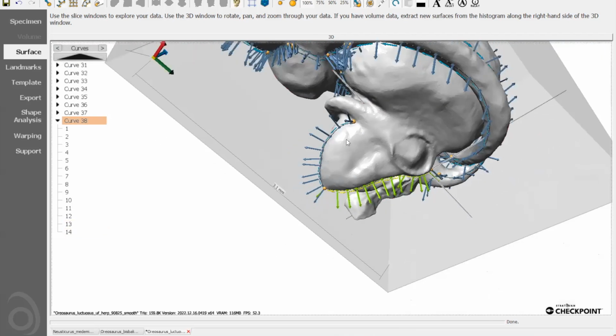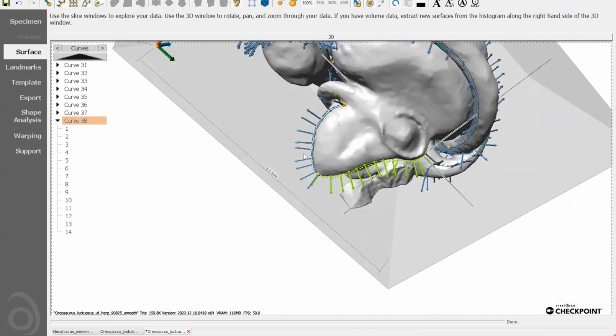And here now I have a set of landmarks that describe the shape of this ventral part of the inner ear.